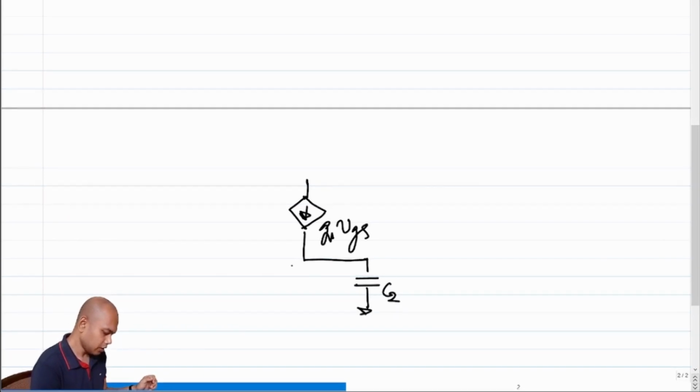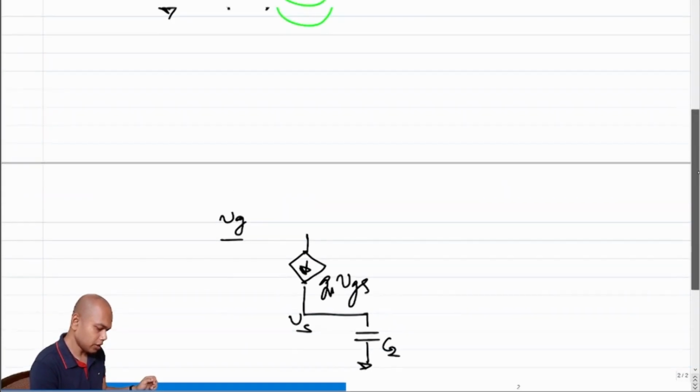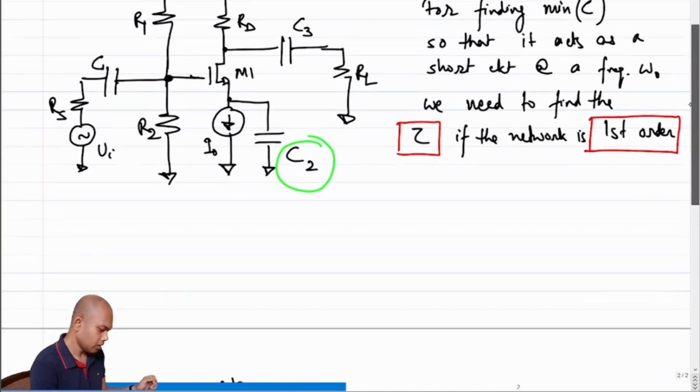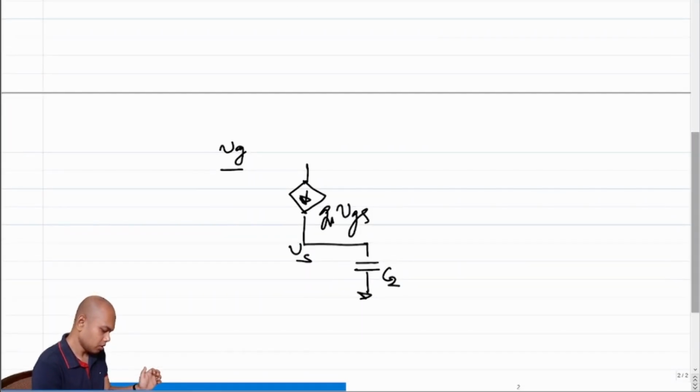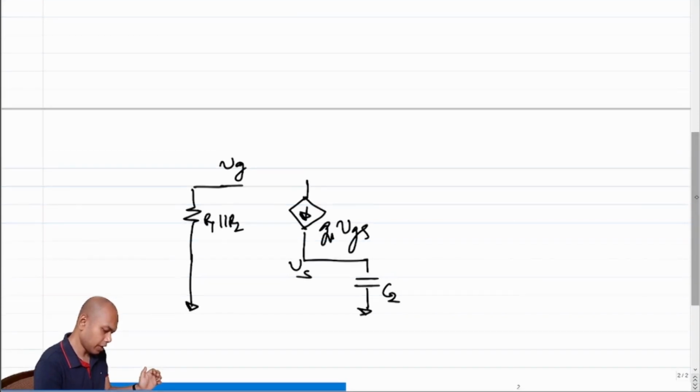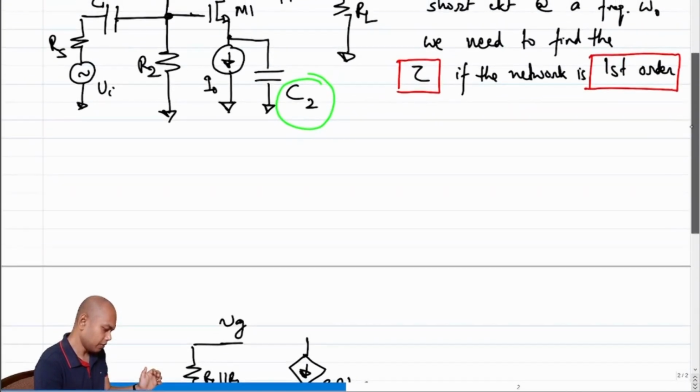Okay, so this is Vs, this is Vg. With Vg, I have a parallel combination of R1, R2 to ground. What else do we have?